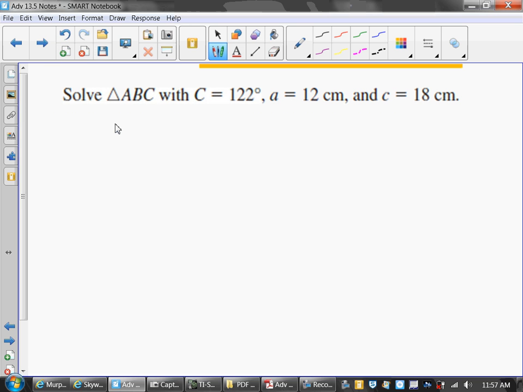Once again, first thing we're going to do whenever you're given some values is draw it out. So we have triangle ABC with angle C is 122. Little a is 12, and little c is 18.